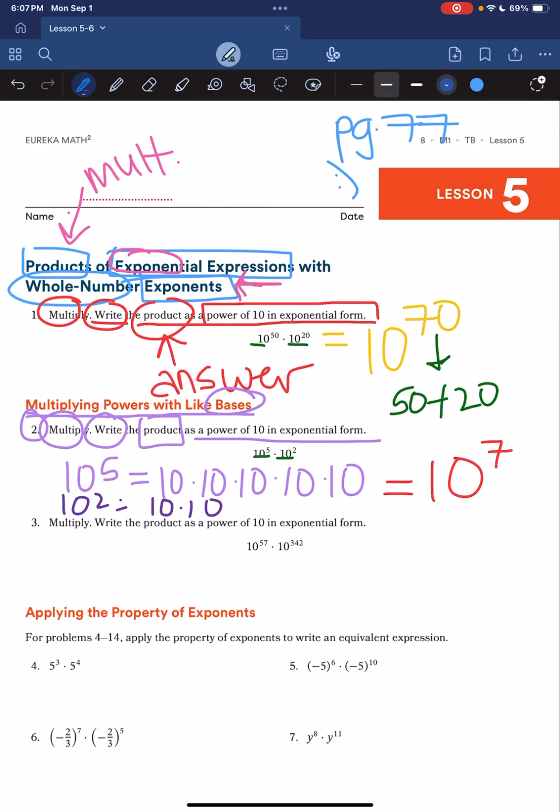It says to do the same thing. We're going to multiply and write our product as a power of 10 in exponential form. Well, I see that we have the same base, 10, and then we have multiplication between them, because it does say to multiply.